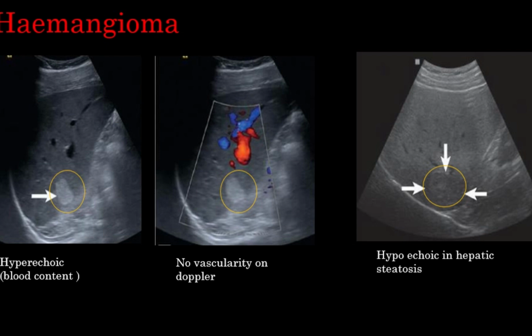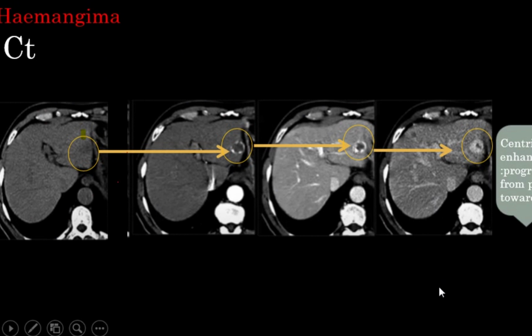But in fatty liver there is an increase of echogenicity, which will mask the echogenicity of the hemangioma, so it will appear hypoechoic in steatosis. In Doppler, it doesn't take vascularity, which is surprising.